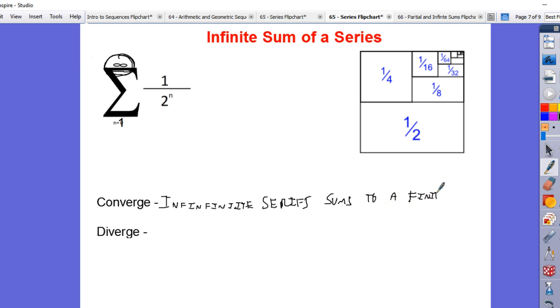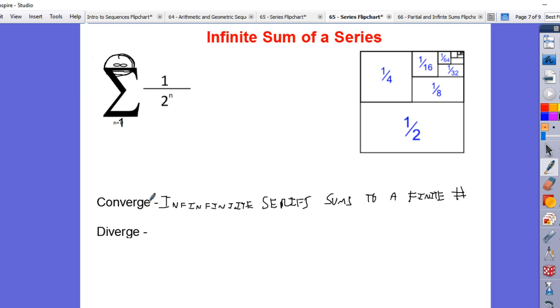So a real number. I add up my sequence an infinite amount of times, and after adding an infinite amount of numbers, it actually converges to an actual number that's not infinity.